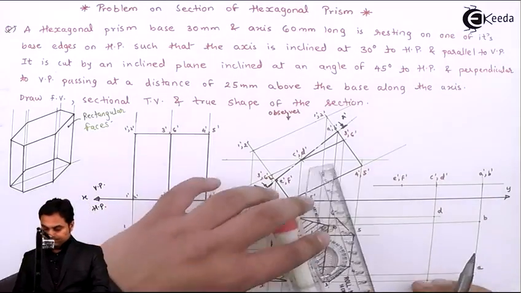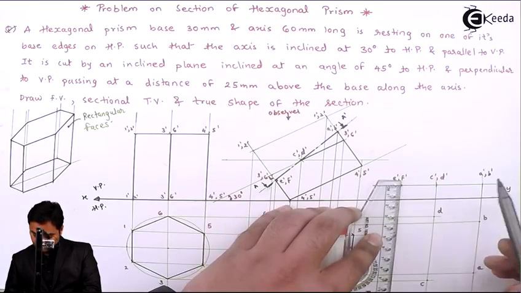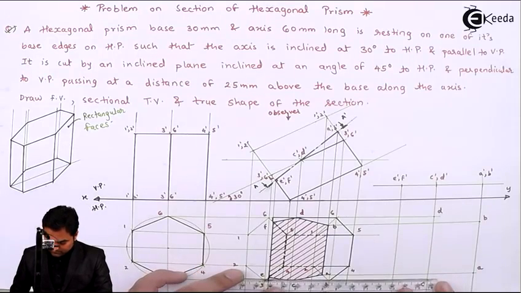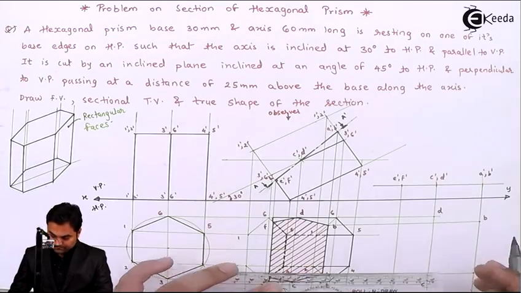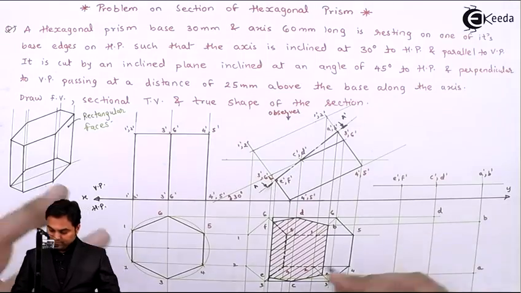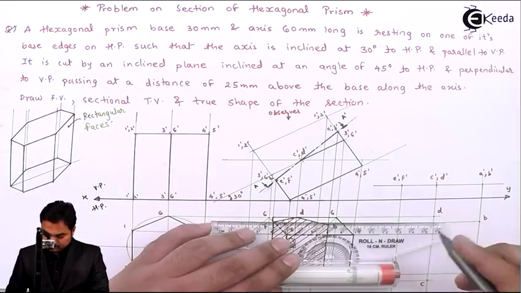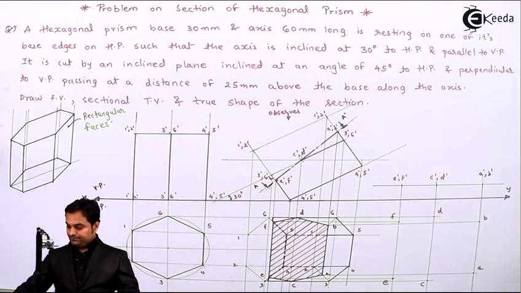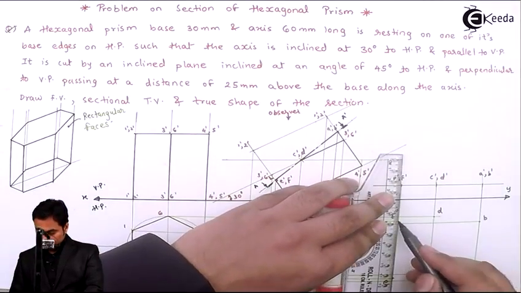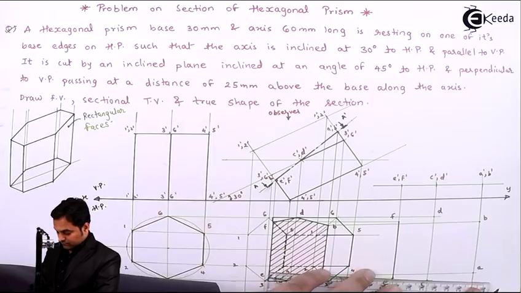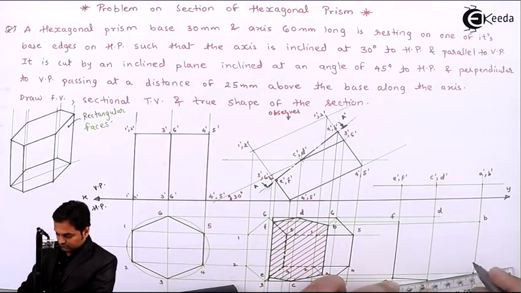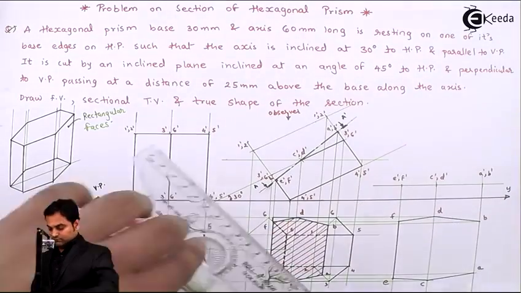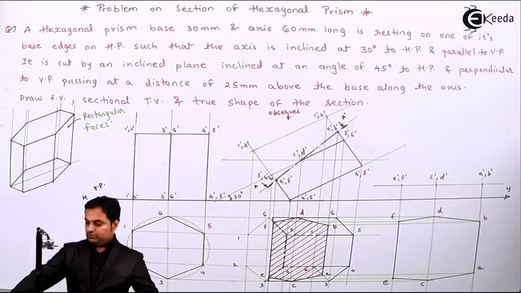Then E and F. Here will be point E. Connecting these points in order. Drawing the section over this.